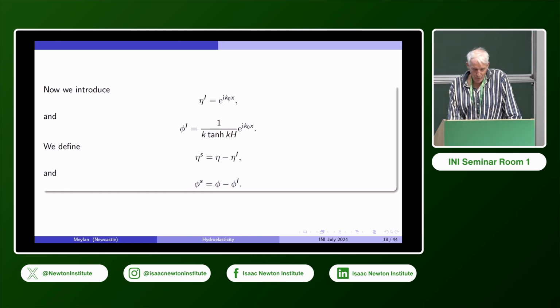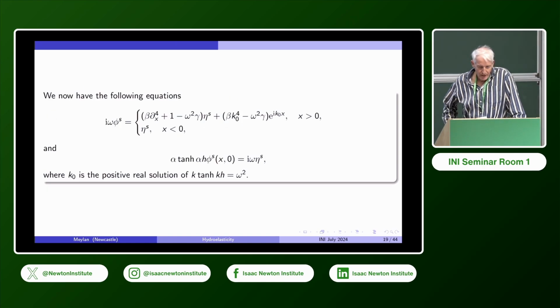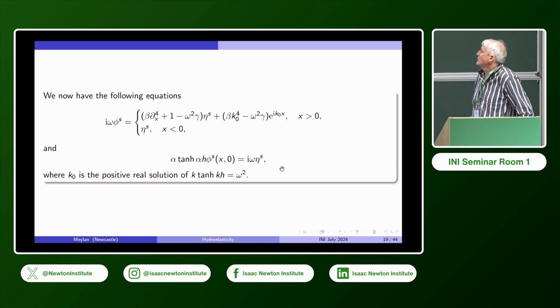So with the introduction of the scattered wave potential, because the incident wave satisfies the same boundary conditions, it doesn't appear for x less than 0, but it appears in the right-hand side, and this is the driving term of the system. This term here exists for x greater than 0. And then we have this relationship between the velocity potential and the displacement at the surface.